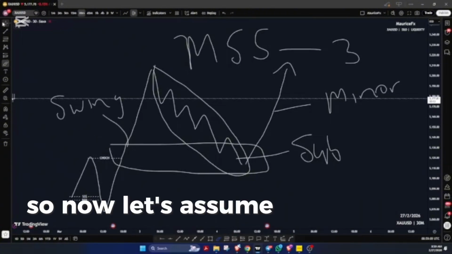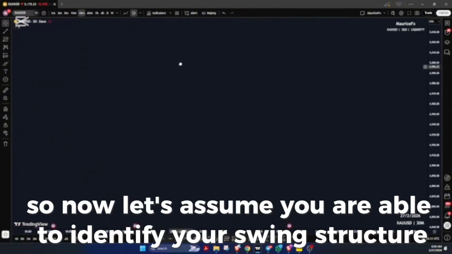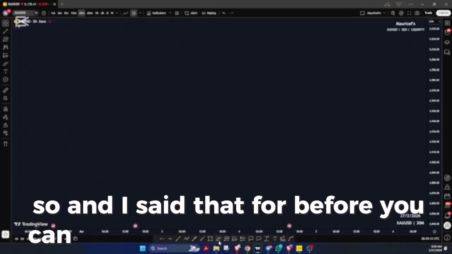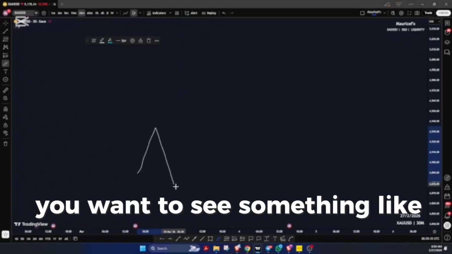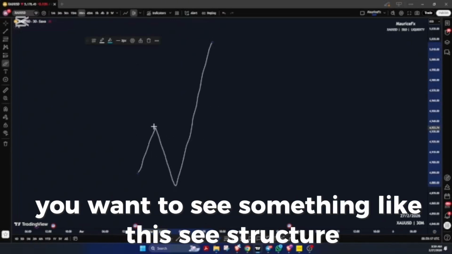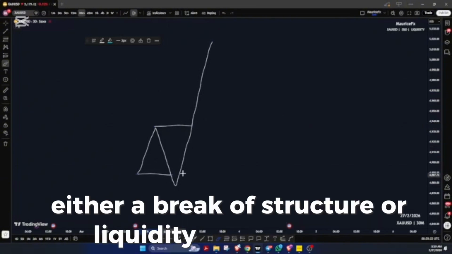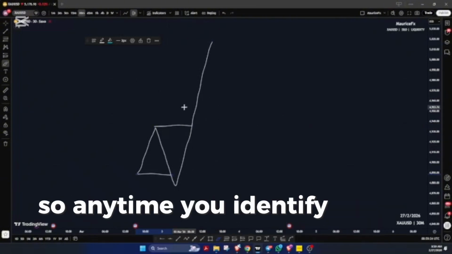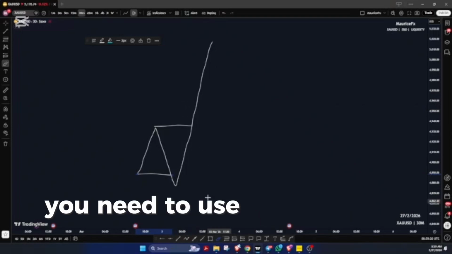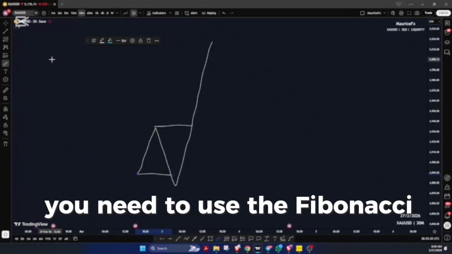So now let's assume you're able to identify your swing structure. I said that before you can identify your swing structure, you want to see a change of character, either a break of structure or a liquidity grab over here. Anytime you identify this on your chart, you need to use the Fibonacci tool, guys.